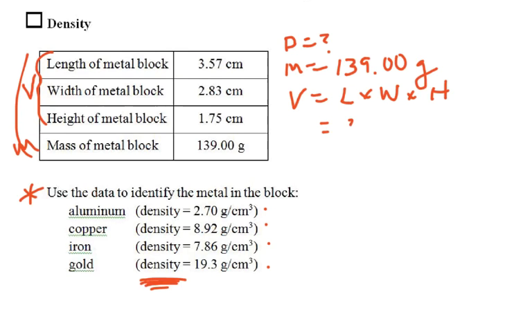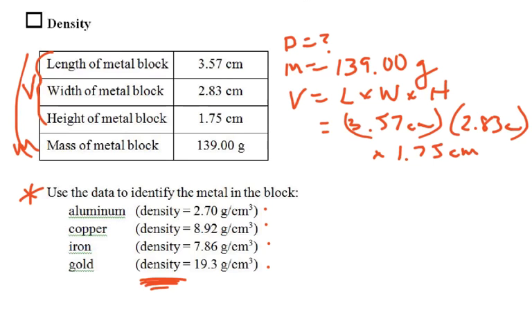So that's going to be 3.57 centimeters times 2.83 centimeters times 1.75 centimeters, and that comes out to 17.68. Okay, so 17.68, and that's going to be cubic centimeters. Centimeters times centimeters times centimeters, centimeters cubed.